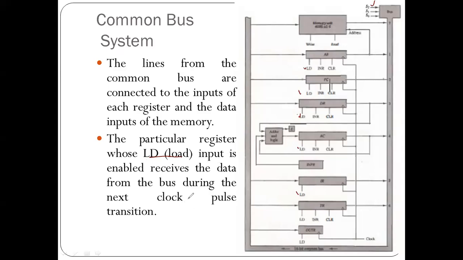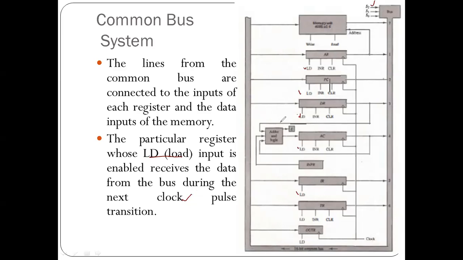The clock is very important here because these are sequential operations: reading the memory for the instruction, fetching, decoding, reading the memory for the data item, and then executing. These have to be done in a sequential manner, so the timing is controlled by the clock.